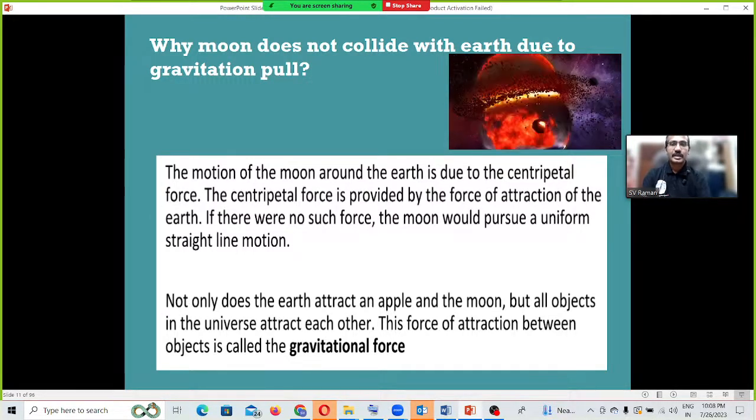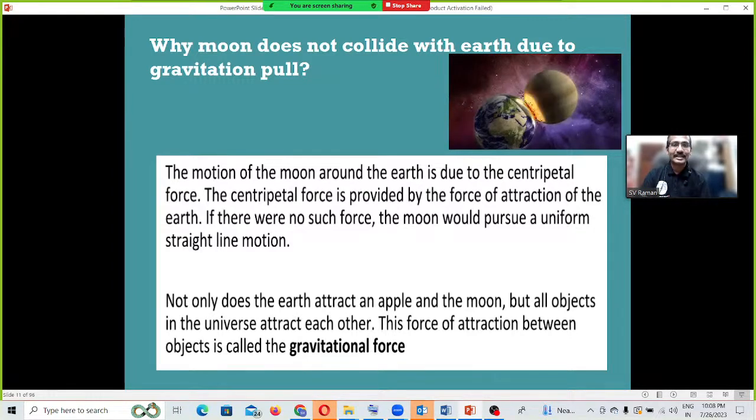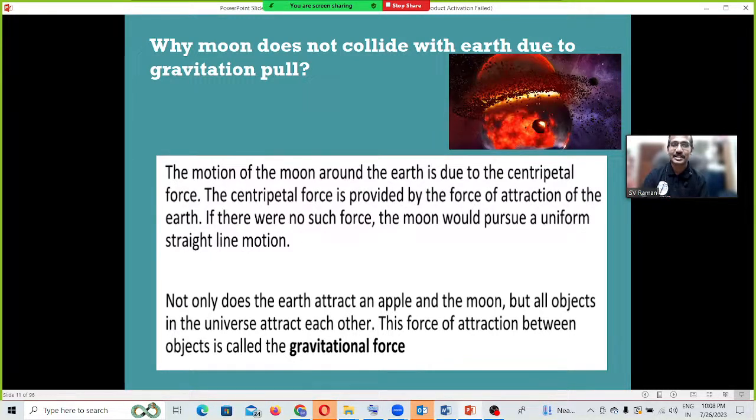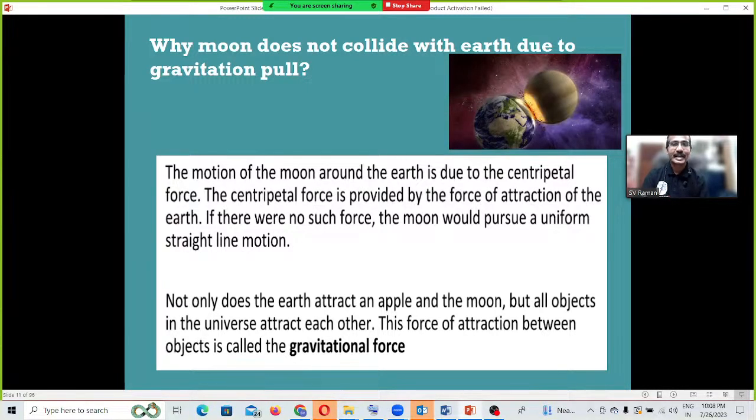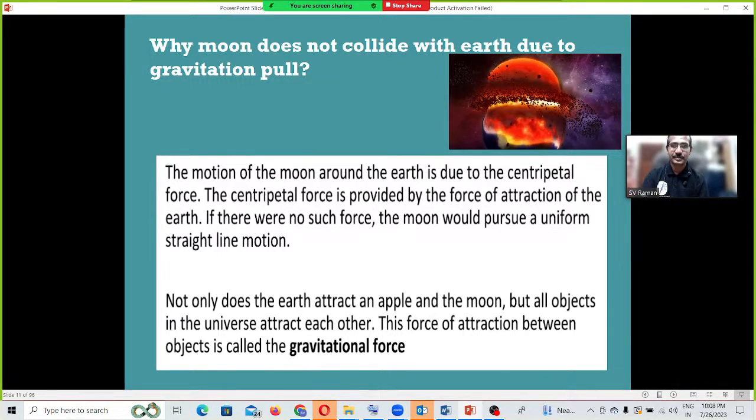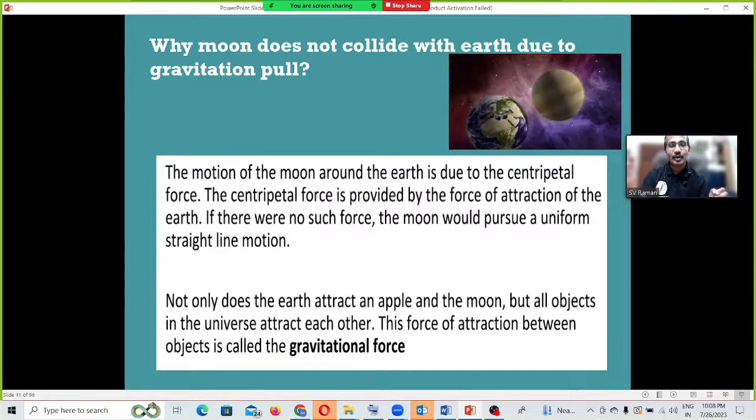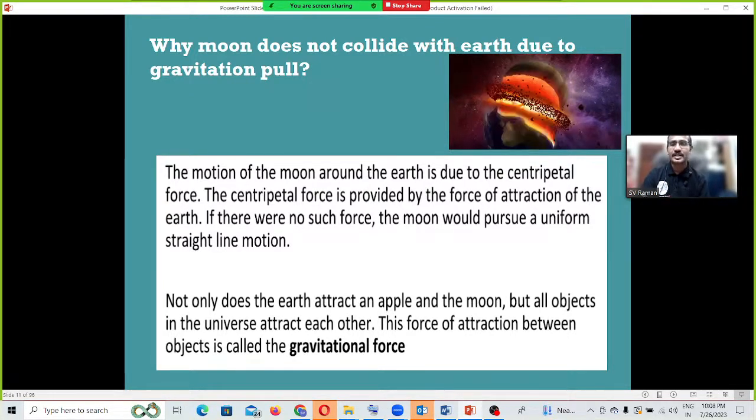The motion of the moon around the earth is due to centripetal force. The centripetal force is provided by the force of attraction of the earth. If there were no such force, the moon would pursue a uniform straight line motion. Not only does the earth attract an apple and the moon, but all objects in the universe attract each other.